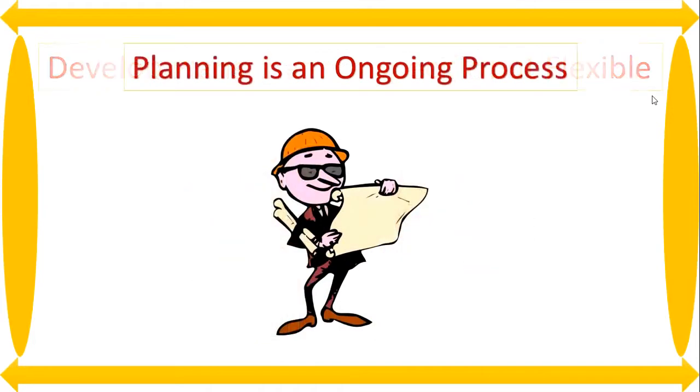Now the second one is planning is an ongoing process. As a manager, you have to understand and adopt that planning is a continuous and dynamic process. Suppose as a manager of XYZ, you prepare a plan for a particular period of time.